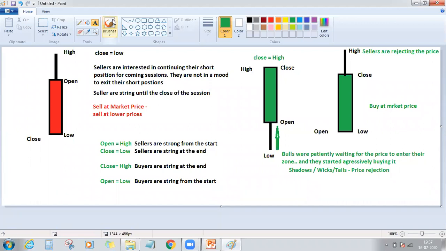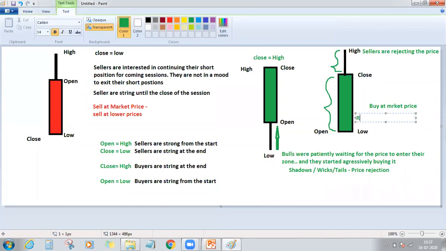So how can I say if bulls are strong here or bears are strong? Just compare the length of this rejection with the length of the rest of the body. Now this is called the real body of the candle, and this is called the shadow or wick or tail.